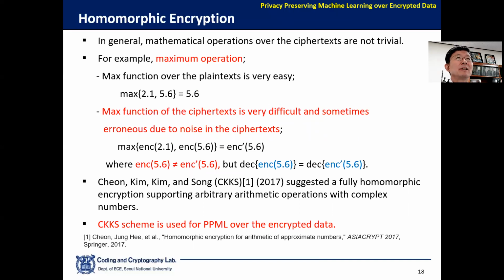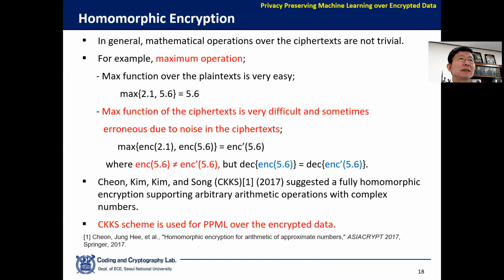In general, mathematical operations over the ciphertext are not trivial. For example, for simple operations such as the max function over the plain text is very easy. Max of 2.1 and 5.6 is equal to 5.6. But the max function on ciphertext is very difficult and sometimes erroneous due to noise in the ciphertext.